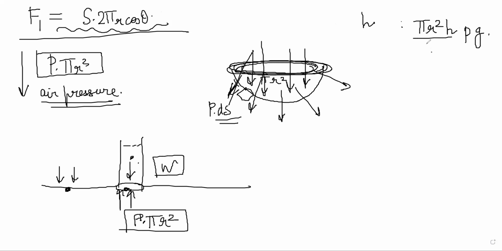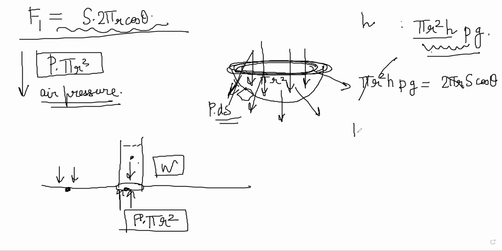Volume into density into g. So pi r square h rho g should be equal to 2 pi r S cos theta. Pi r will cancel, and you get h is equal to 2 S cos theta by r rho g.